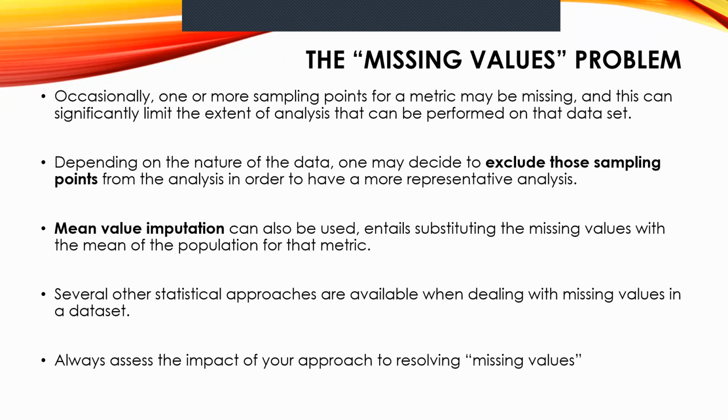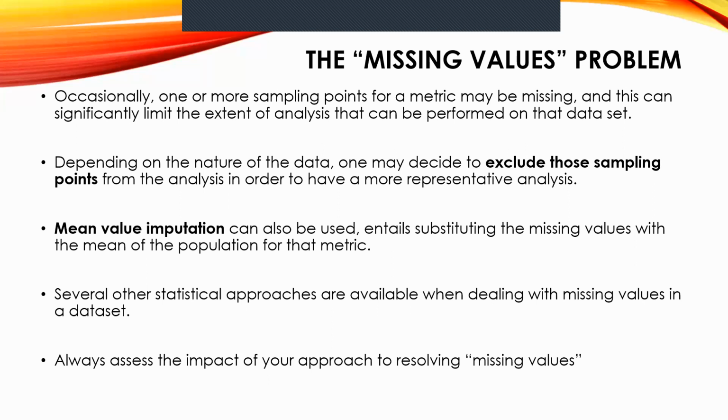You have from maybe 990 branches or maybe 999 branches. Would you say because you don't have data from one branch that you will not continue analysis? The answer is no. It's a common thing that happens in the space of data analysis, and it's important to know how to deal with this missing values problem.